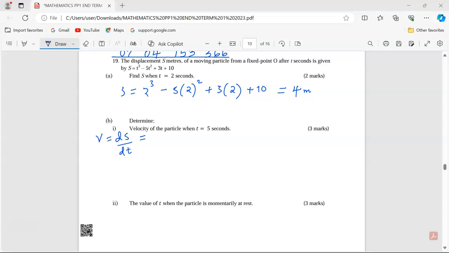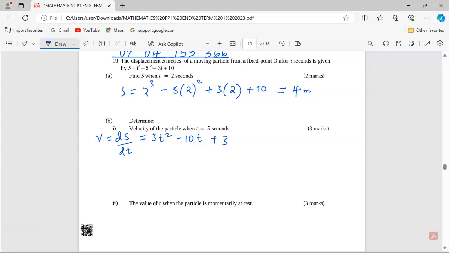So when we differentiate this, this is t power 3, so 3 drops there, so it's 3t squared, the power reduces to 2. Then the 2 multiplies the constant, which is negative 5, so it's negative 10t, plus 3, which is multiplied by t power 0, remaining the way it is, and the constant disappears.